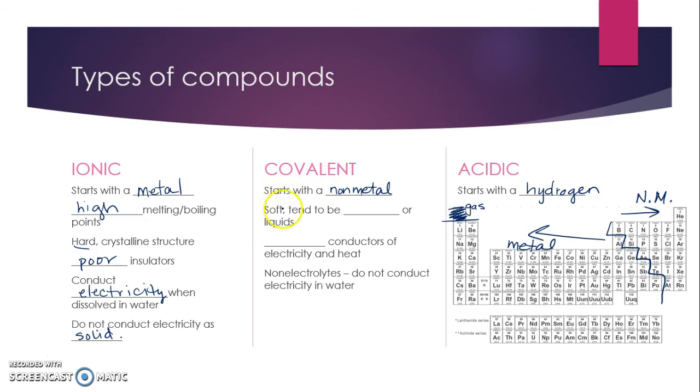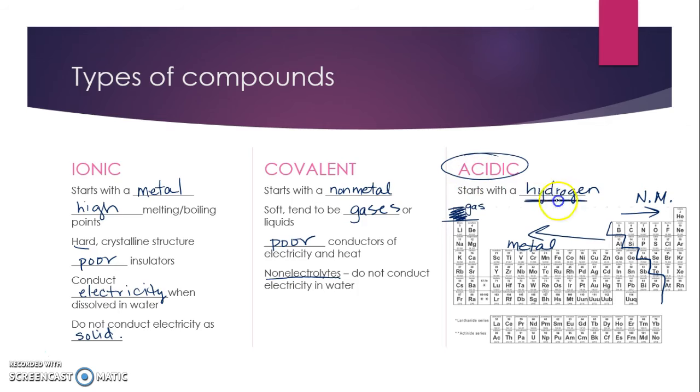Alright, so covalent compounds, these are soft. They tend to be gases or liquids. They are poor conductors of electricity and heat, which means that these are the insulators, these are the conductors, and when they're dissolved in water, they are considered non-electrolytes, which means they don't conduct electricity in water. Okay? I believe we're going to spend a whole section on acids and bases, so I'm not going to really get into properties of acids.